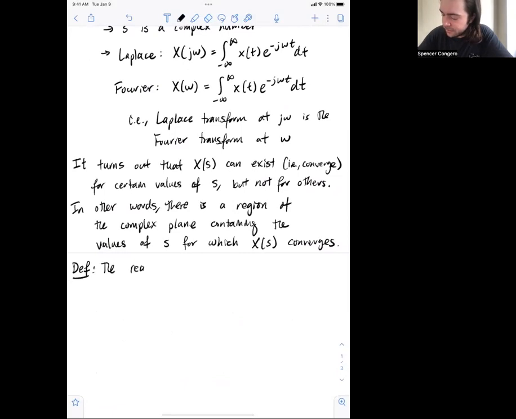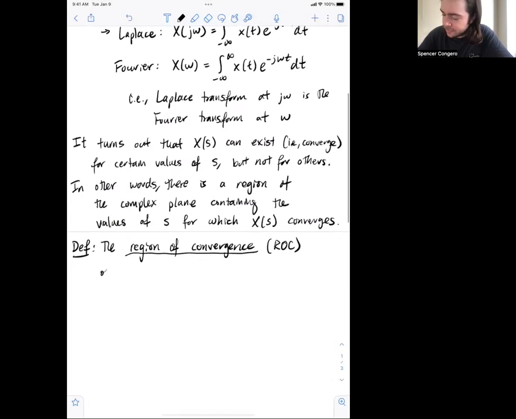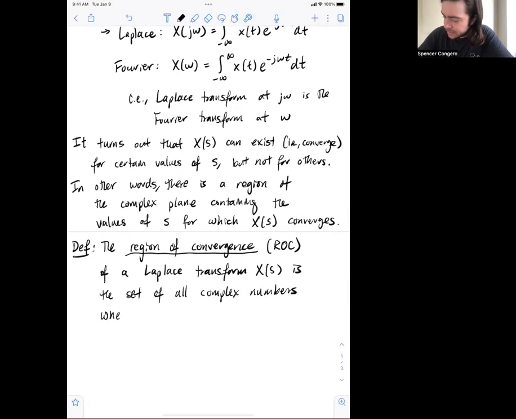The region of convergence, which we will almost always denote as ROC. The region of convergence of a Laplace transform x of s is pretty much what we just said: the set of all complex numbers where the transform exists.